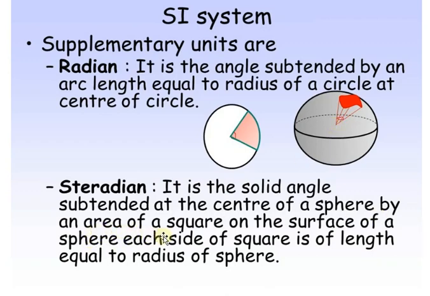Consider an area on the surface of the sphere, where each side has a length equal to the radius of the sphere. This surface area makes a 3D angle from the center of the sphere, which is said to be a steradian.